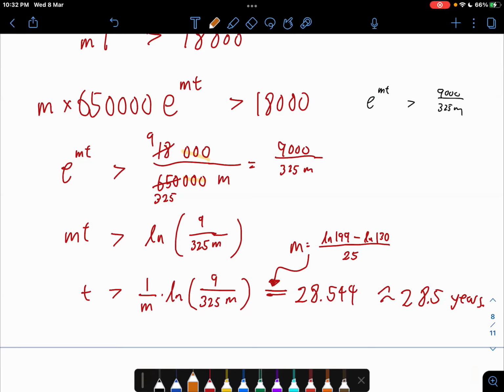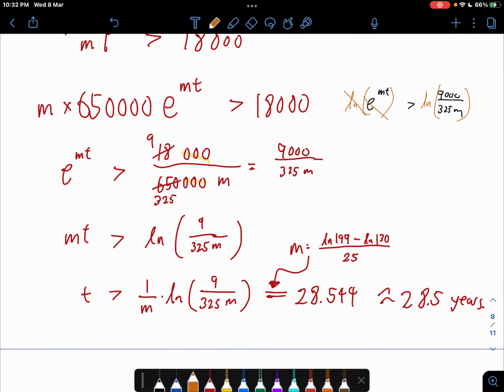I'm taking ln on the left-hand side, ln on the right-hand side. ln and e cancel away. You're left with mt, and the ln of whatever the expression is there. I just realized that it's not 9,000, it's 9. Sorry, the 1,000 got cancelled off already. Sorry for the confusion. 9 over 325m. Then more than ln of that fraction.